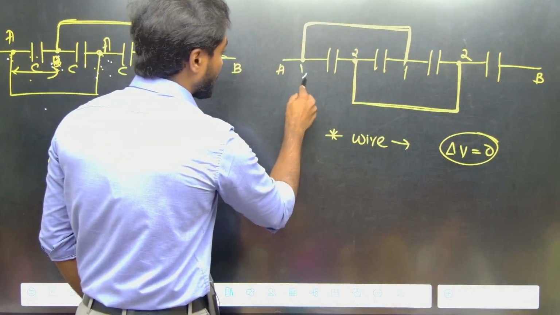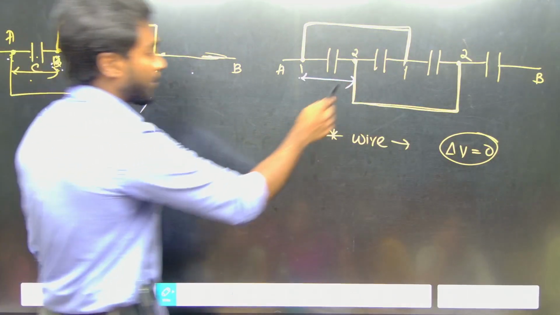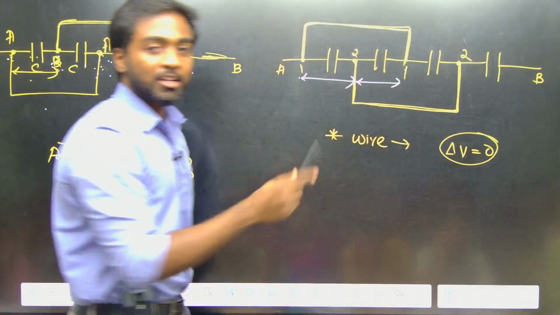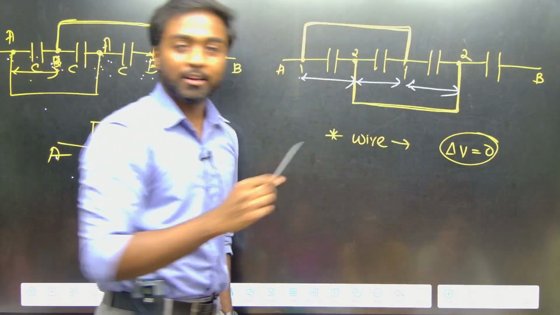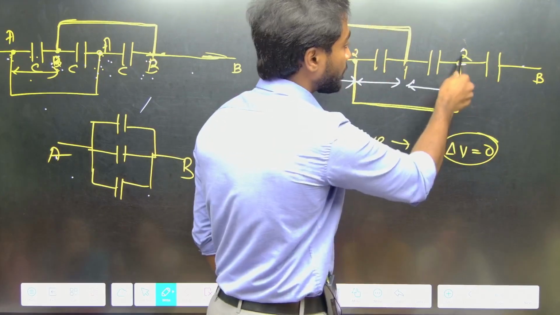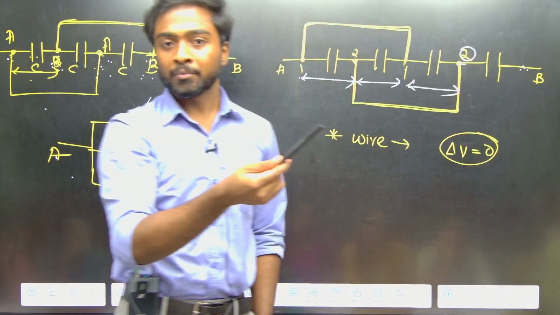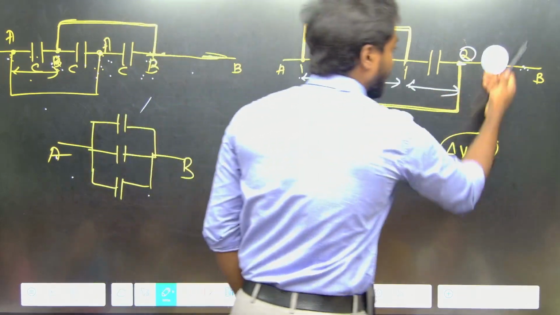Between this, it is 1 and 2, potential difference is there. Between this 2 and 1, potential difference is there. Between these two 1 and 2, potential difference is there. But for this one, only 2 is there. There is no potential difference here. So if there is no potential difference, can I take it as a wire?